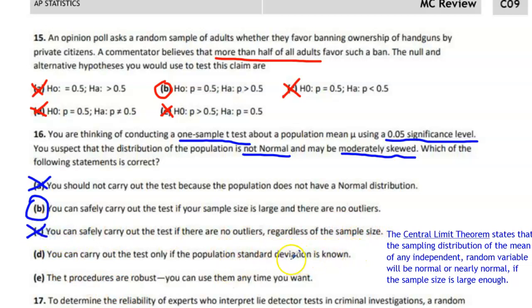Population standard deviation is known. This is going to allow us to use Z, but we can't use Z unless the sampling distribution is normal. No good. And the T procedures are fairly robust, except that doesn't mean you can use them anytime you want. Robust just means they're going to be able to be used in different scenarios. So it's not just anytime you want, there's definitely still some conditions.